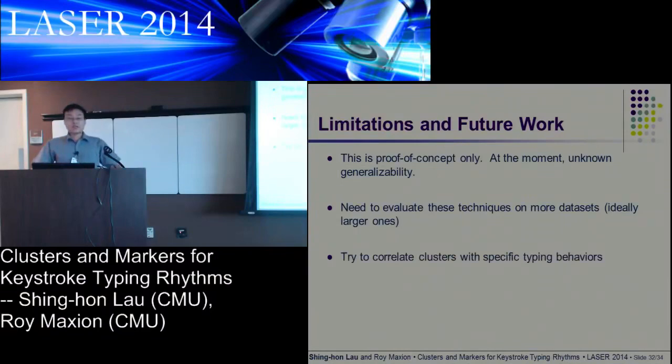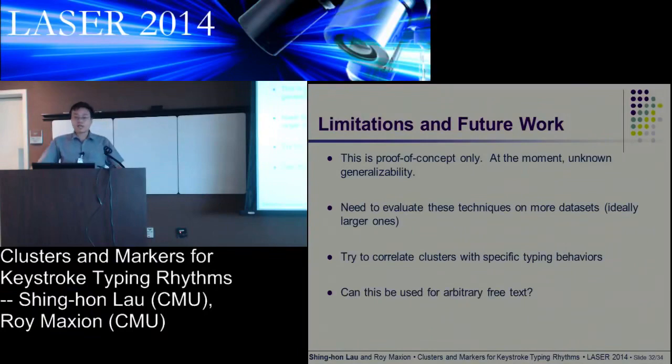I'd also like to be able to correlate clusters with specific typing behaviors. For example, it would be interesting to say, just making up a story, that the women cluster are all in this cluster together because they have the unusual habit of striking the space bar with their left index finger. That tells us something about the actual behavior of the typist that's causing them to be grouped together.